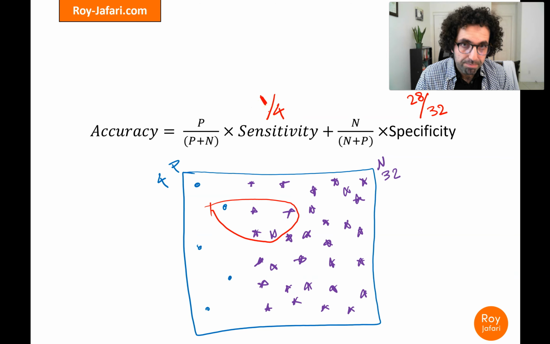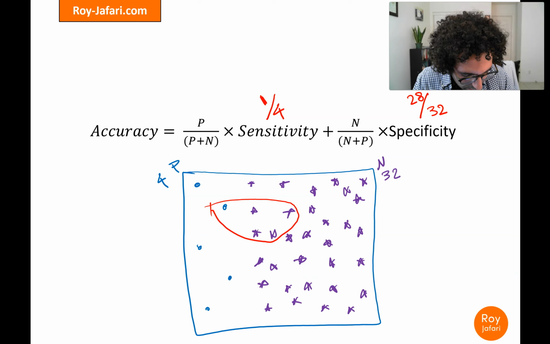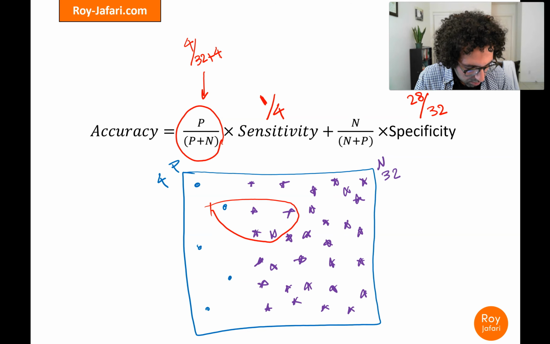But pay attention here, that's the problematic part. Because of the way this is derived, the way this is set up, the importance or the weight of sensitivity is very low. It's going to be 4 over 32 plus 4. But the importance of specificity is way higher.